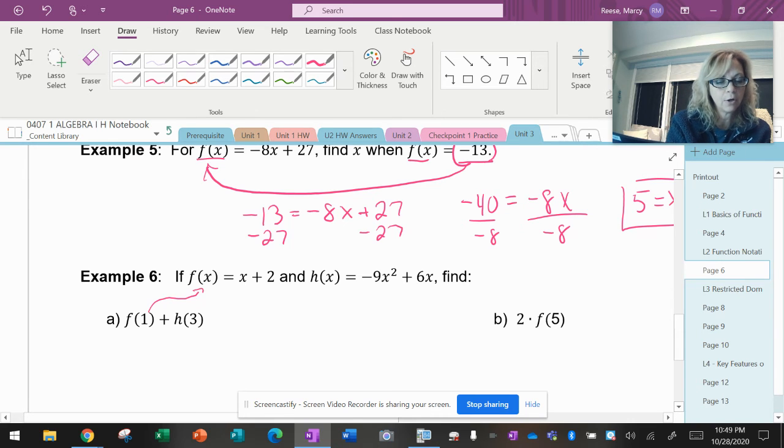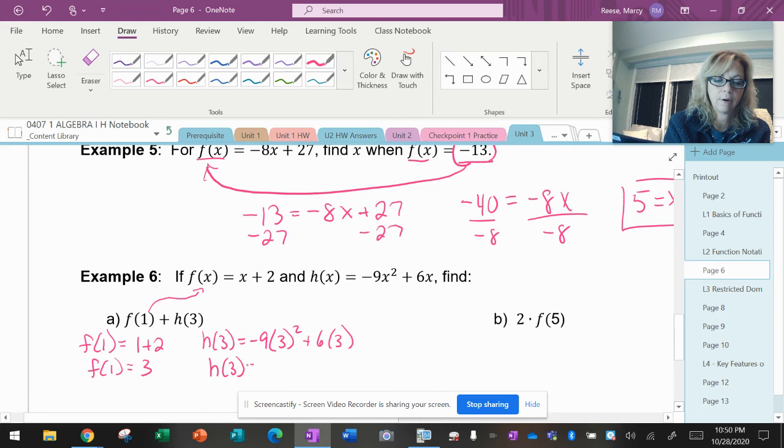So I'm going to come here and I'm going to replace, you got it, all the x's with 1s. Okay? So that's 3. Then I've got h of 3. And I'm going to replace all of the x's with 3.